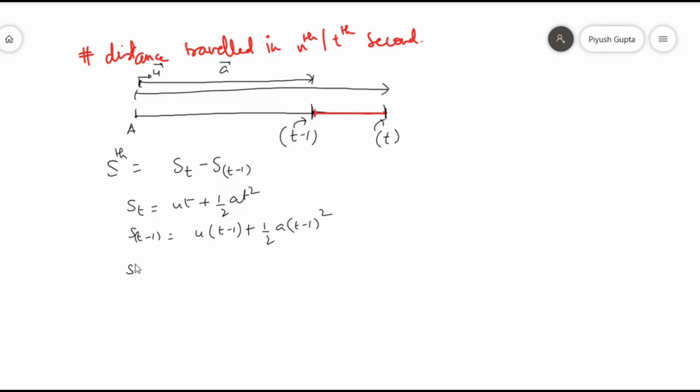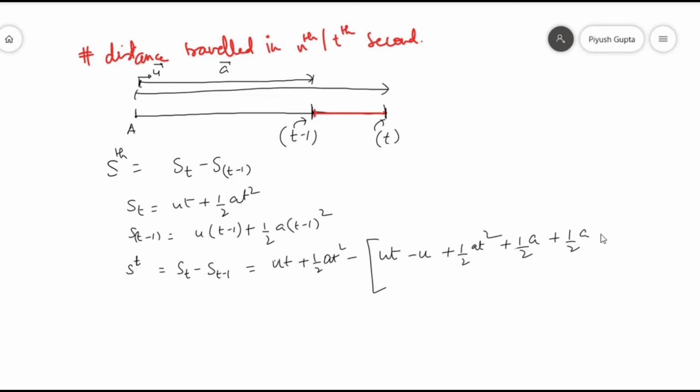Okay, so the distance traveled in the tth second is st minus s(t minus 1), and I'm just going to subtract this ut plus half at square minus this whole thing. If I'm going to open it up, it's going to be ut minus u plus half a t square, plus half a into minus 2t plus 1.